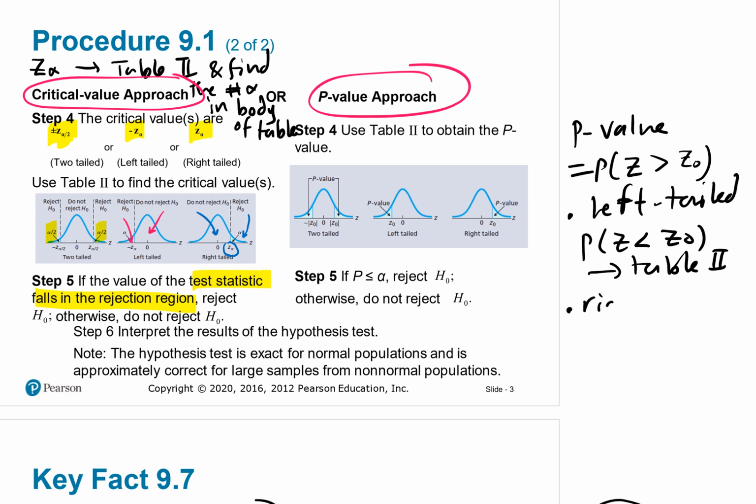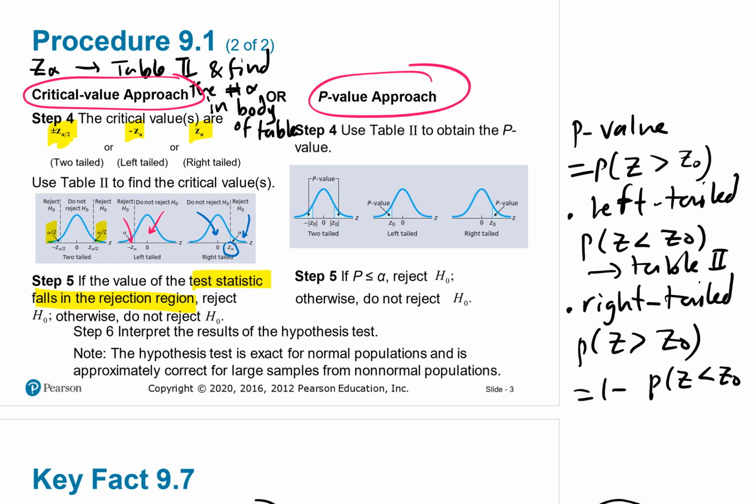If it's right-tailed, the probability that z is bigger than z sub 0 is going to be 1 minus the probability that z is less than or equal to z0. And then from there, use table 2 to finish it up.